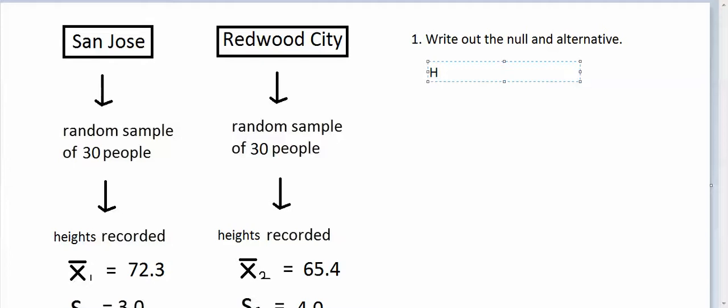And the symbol for the null hypothesis is H0. So in this specific problem, the null hypothesis would be the possibility that the mean height of San Jose is equal to the mean height of Redwood City.